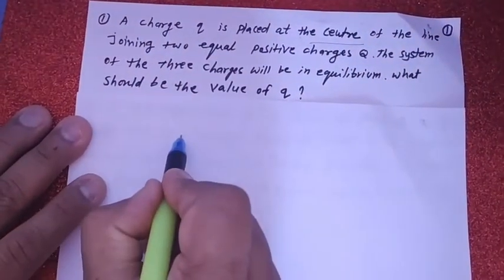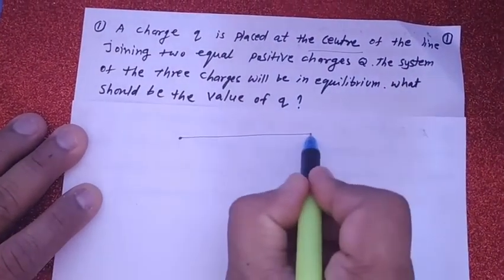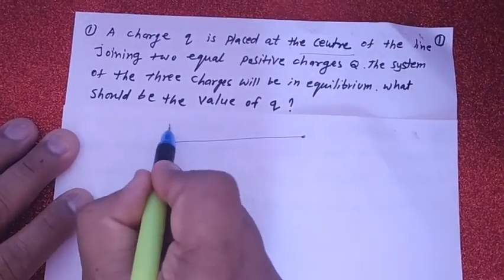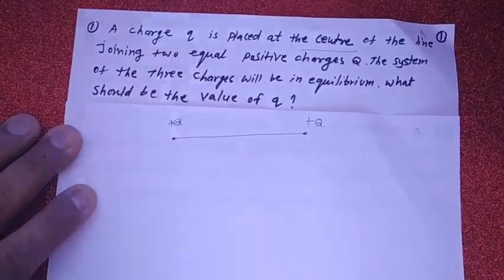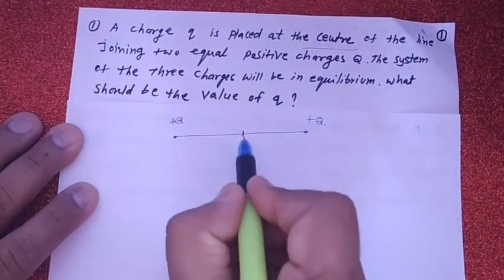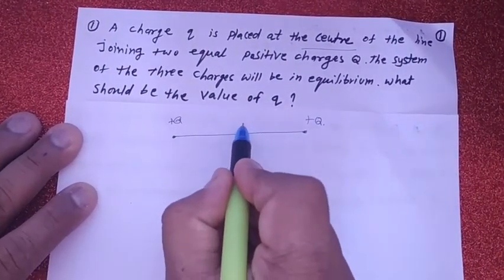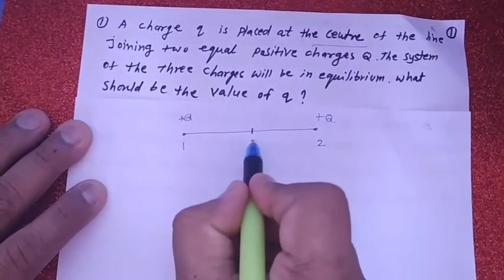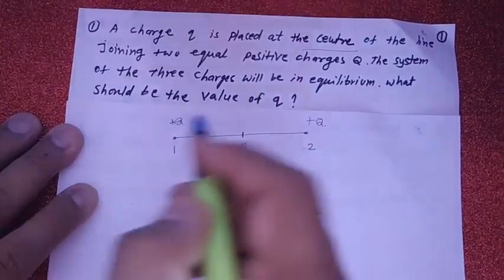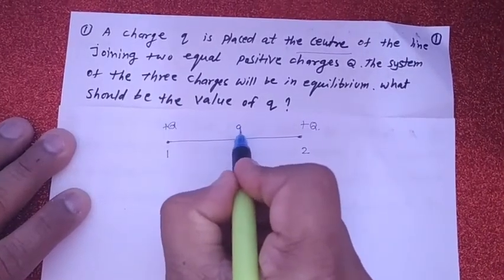So here what is given? Plus Q, plus Q, two equal charges. Suppose this is 1, this is 2, this is 3. So here we put charge q.